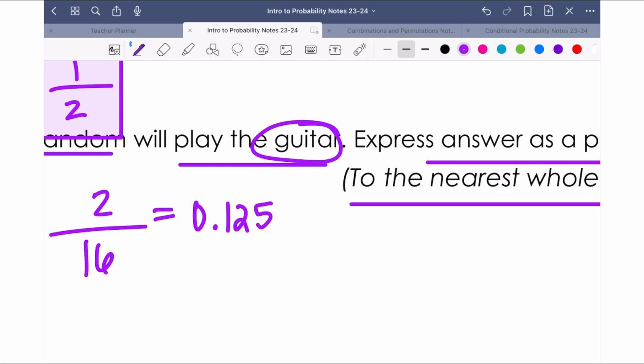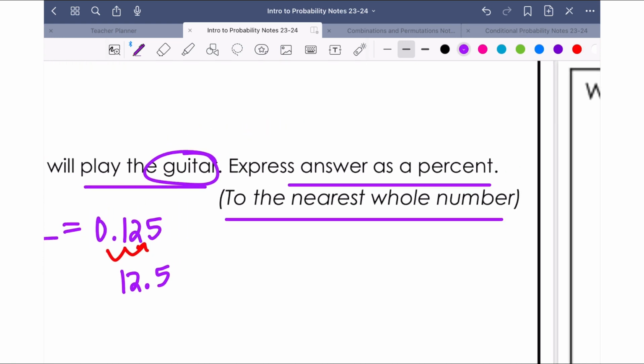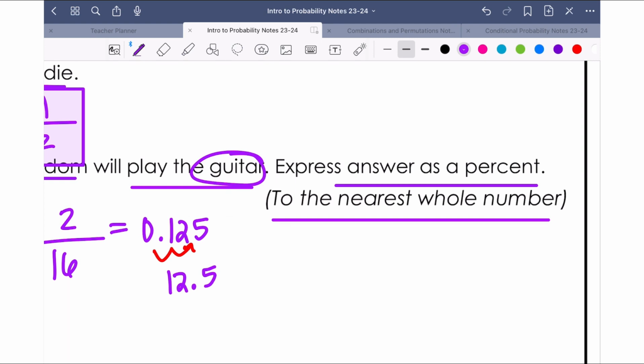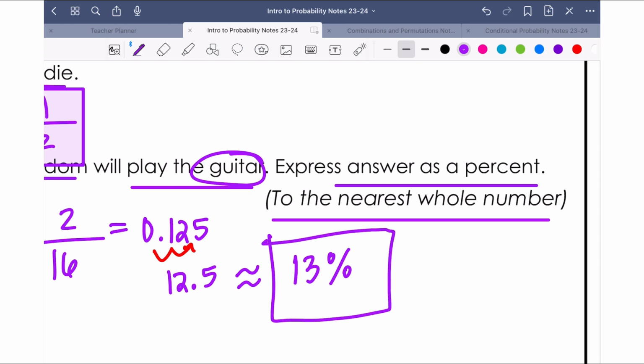To convert it to a percent, we move the decimal 2 spaces to the right. Okay, you see that? 1, 2. So 12.5. But they want the answer as a whole number. So what does that round to? 12.5. It rounds to 13. So 13% is our final answer.